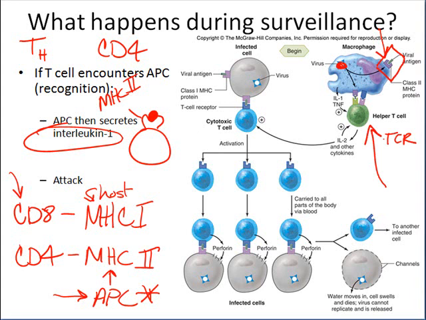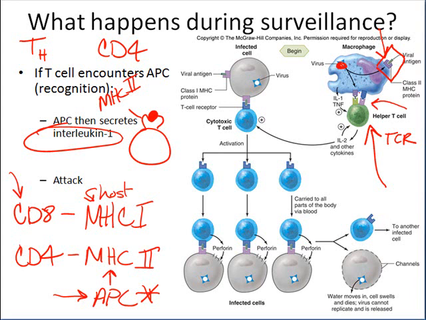Every helper T cell has a different shaped T cell receptor on its surface, just like every cytotoxic T cell had a differently shaped TCR on its surface. And we may have to go through several hours worth of having one helper T cell after another come and see if theirs is the right shaped TCR to bind with and recognize this viral antigen. Eventually, we're going to find the right shaped helper T cell to recognize this antigen.